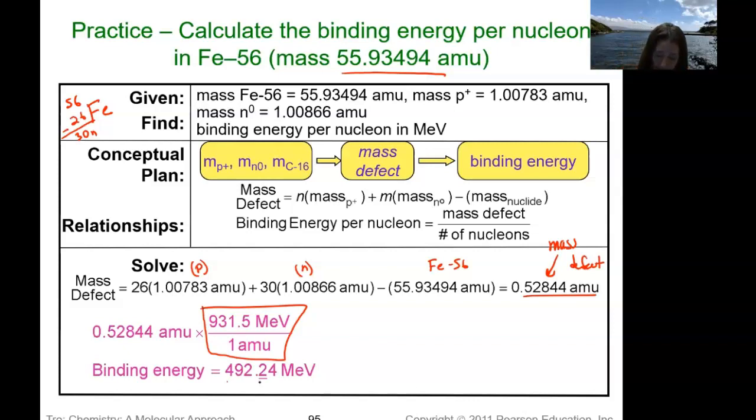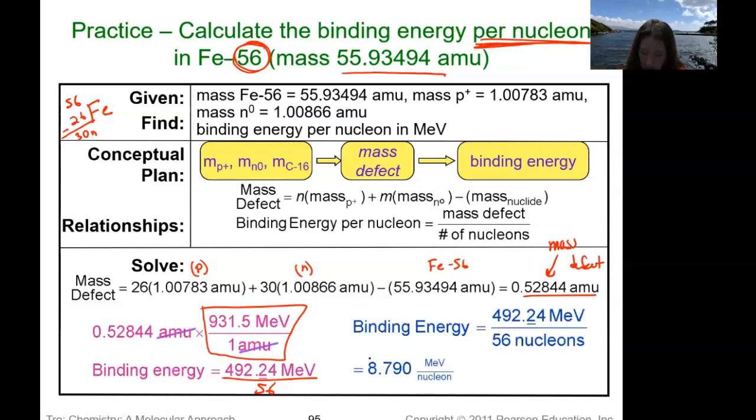Again, this is for the whole nucleus, but we want per nucleon. And remember, there are 56 nucleons, protons and neutrons, in our nucleus. So we just need to divide this number by 56. And there we go. That is the binding energy per nucleon for our nucleus.